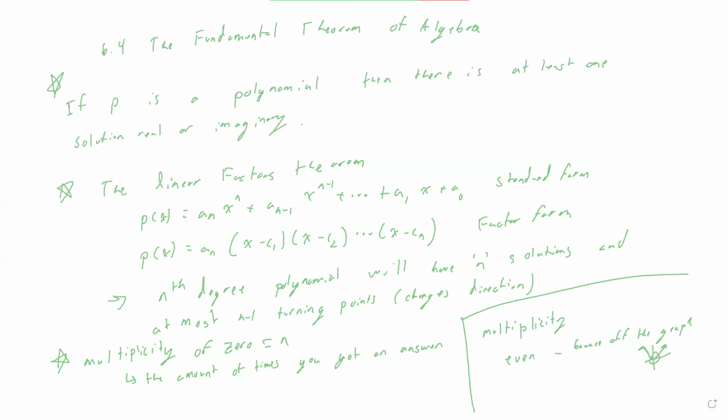So that's 2, 4, 6, 8, 10 times. An odd multiplicity goes through the graph. So I might have something that looks like this, where both of these are going to be odd multiplicities because it goes through the graph. They could have happened 1, 3, 5, 7 times. That's why we talk about multiplicity, because it helps us see how the graph would look.